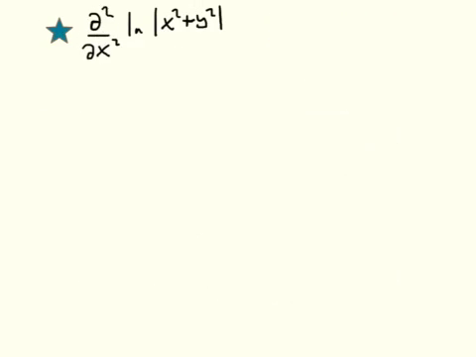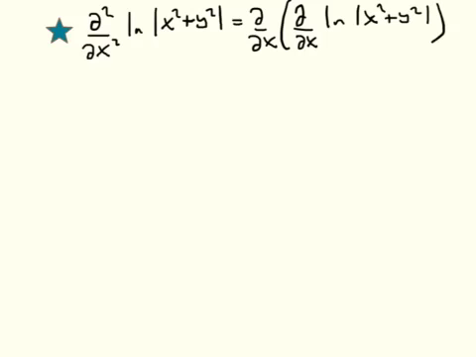So, in this penultimate exercise I want to calculate the second derivative with respect to x of the logarithm of the modulus of x squared plus y squared. So again, what this means is that we need to calculate the derivative with respect to x of the derivative with respect to x of the logarithm of the mod of x squared plus y squared.